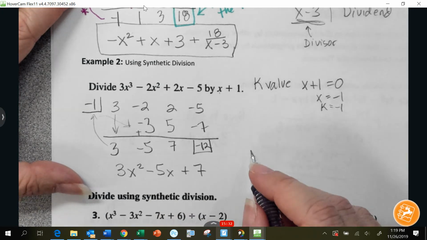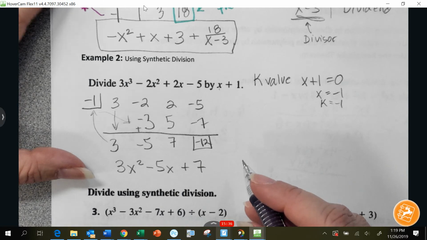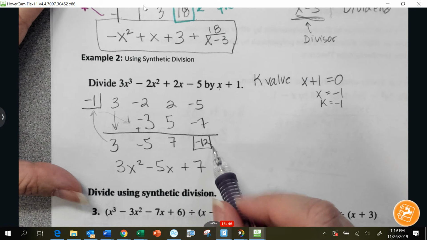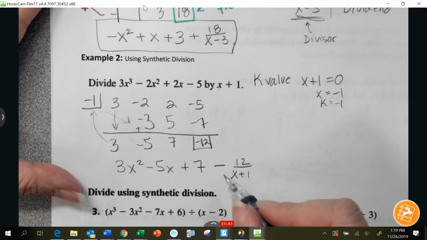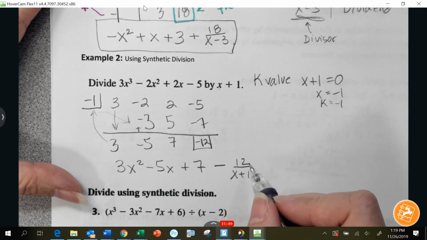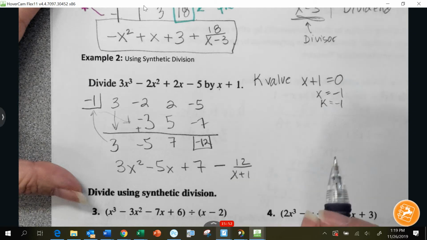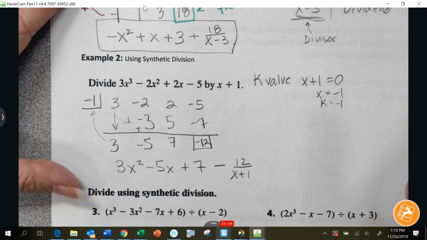Now here's one thing that I don't know if Big Ideas cares about: usually if it's a negative remainder, they will write minus, and then put 12 over x plus 1 instead of plus negative 12. They'll combine the plus negative 12 and just make it a minus sign. I don't know if Big Ideas will mark it wrong if you put plus negative. You'll have to try that today and see.